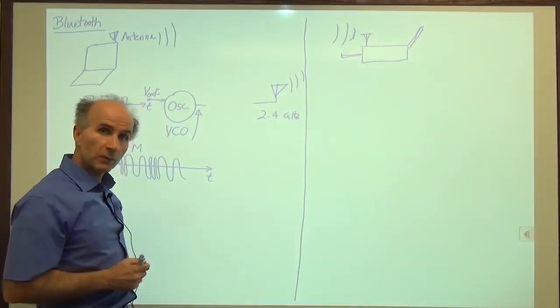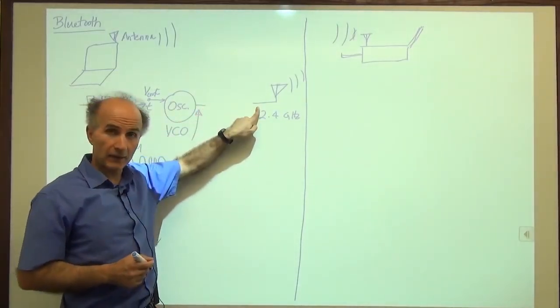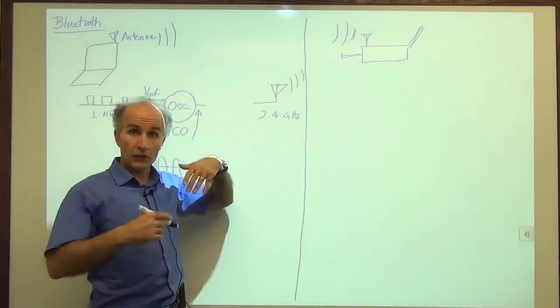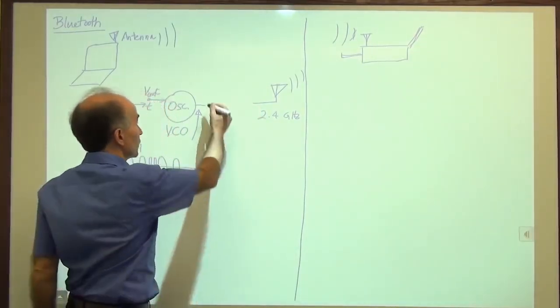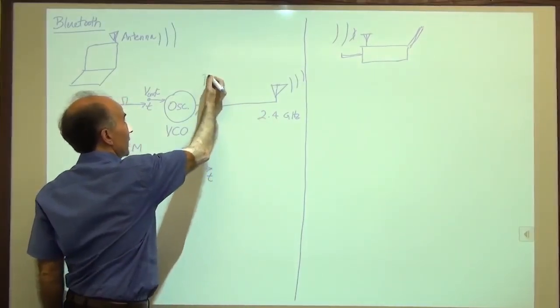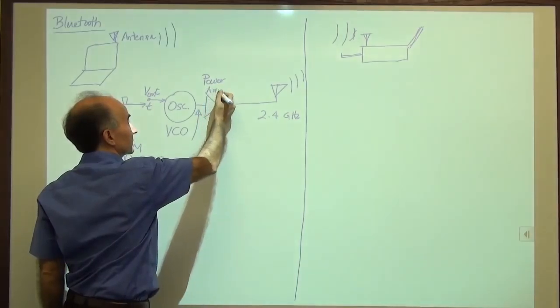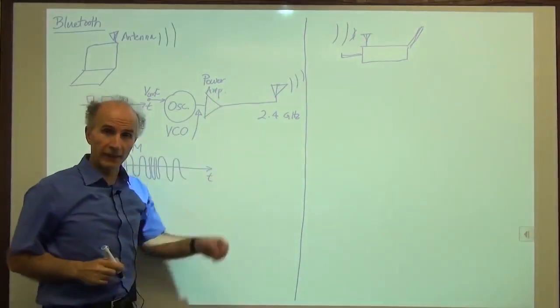So what we do is place an amplifier between the oscillator and the antenna, so that the antenna is driven by a higher power. You might call this a power amplifier that drives the antenna.